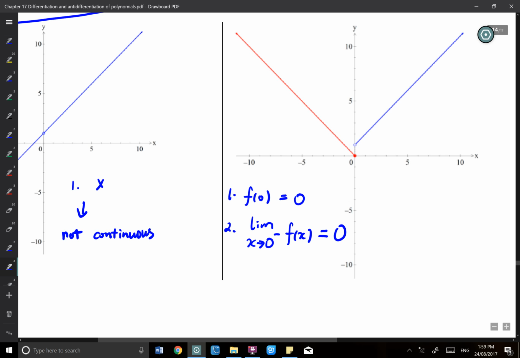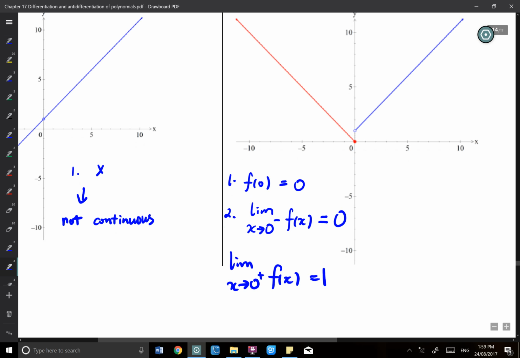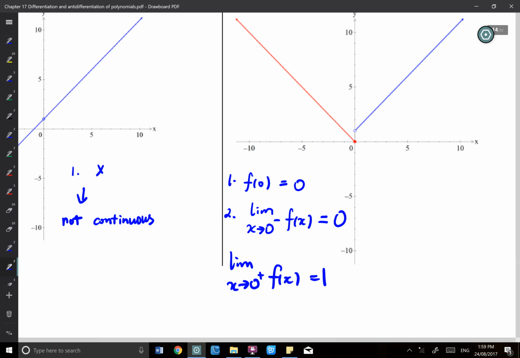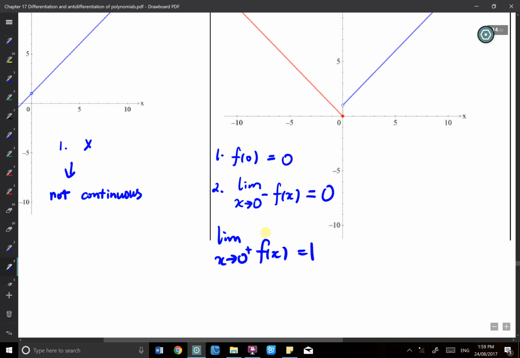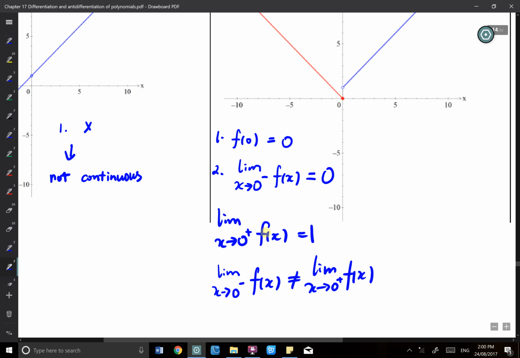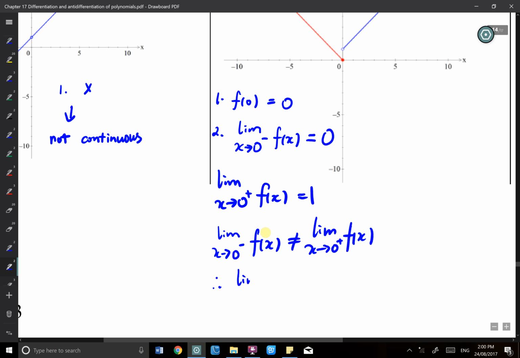Then the limit as x approaches 0 from the positive side of f(x) gives you 1. That's the blue path. You will arrive at level 1, or approach level 1. So the limit as x approaches 0 from the negative side does not equal the limit as x approaches 0 from the positive side. So the limit as x approaches 0 of f(x) does not exist.